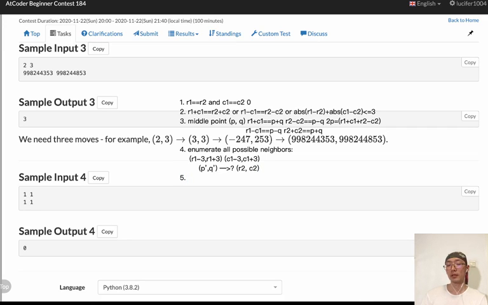And finally, we have the fifth case. It means we cannot find a middle point (P, Q), and we can neither find a middle point (P', Q'). So here I will first claim that the answer to the fifth case will always be 3.